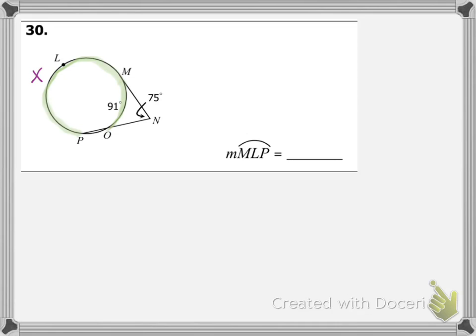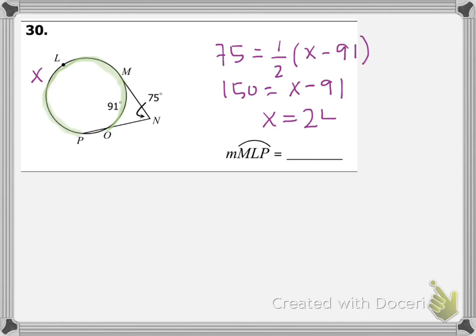It's going to be equal to that 75. So I'll have 75 is equal to 1/2 times x minus 91. Multiply both sides by 2, so 150 is equal to x minus 91. Add your 91, so x here is going to be equal to 241.